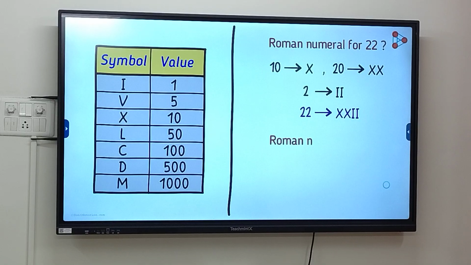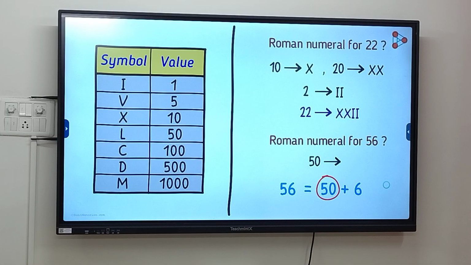Let's see how to write the Roman numeral 56. Give it a try. Let us discuss the solution now. We have the number 50 in 56. And how do we write 50? We have a symbol that represents the Roman numeral 50. Do you remember the symbol?